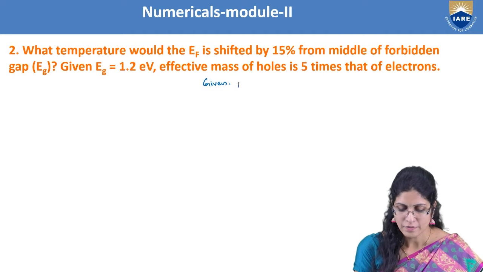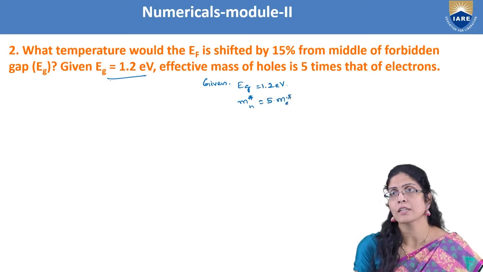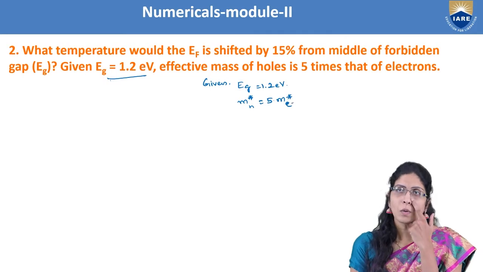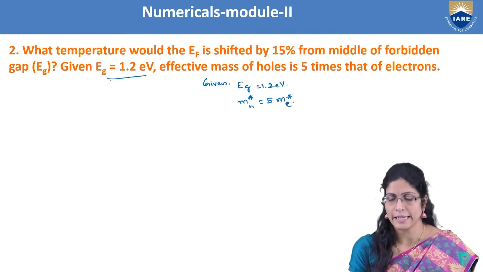Eg is equal to 1.2 electron volts and the effective mass of the holes is equal to 5 times the effective mass of the electrons, right? And there is a shift of the Fermi level. I'll come to it later.